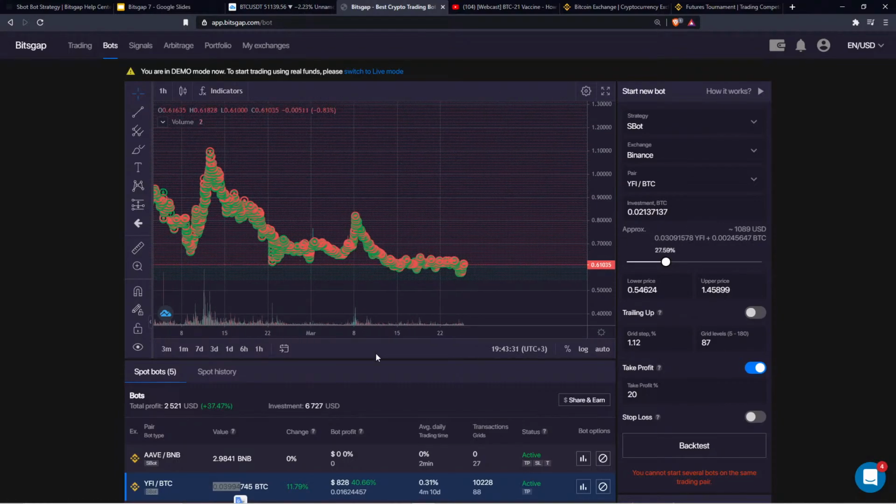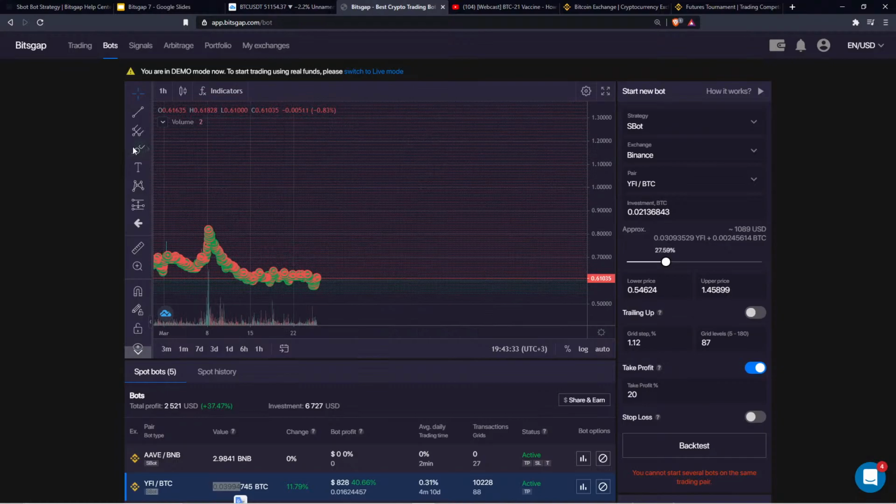Okay, so you can still generate returns on the rising market, but it's just that the bot makes all the trades on your behalf, and you just need to monitor its activity from time to time, because sometimes it can be the case that you need to close the bot to open the new one with better settings based on current conditions on the market.